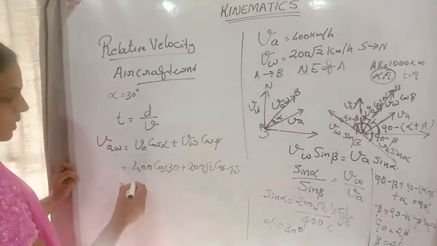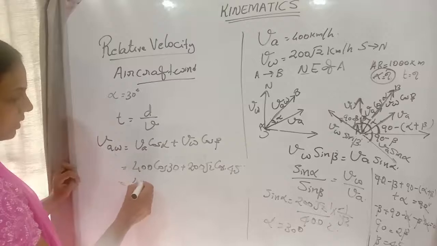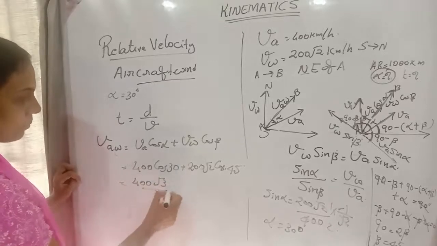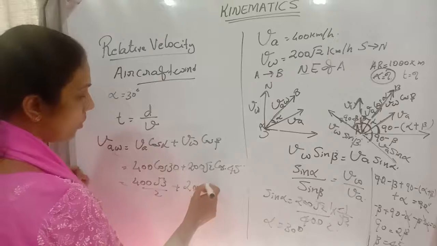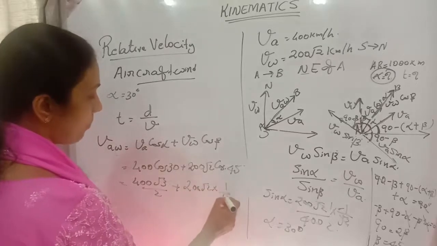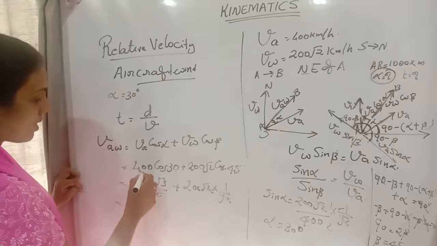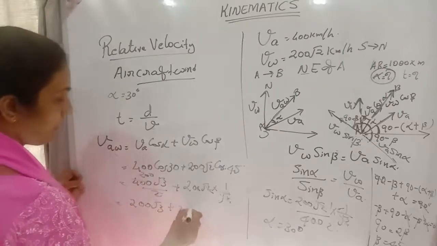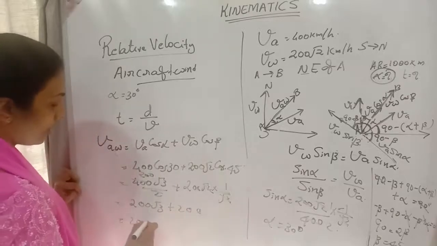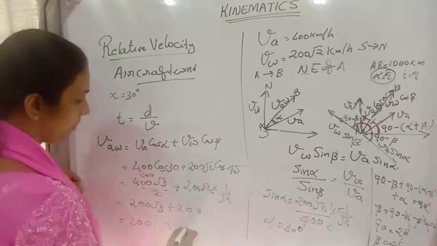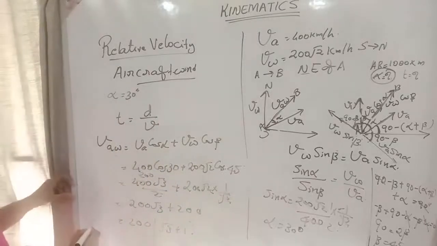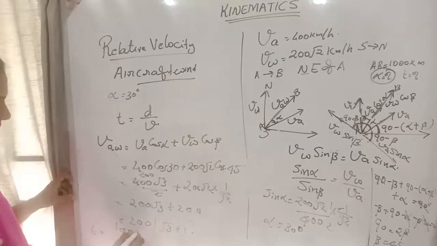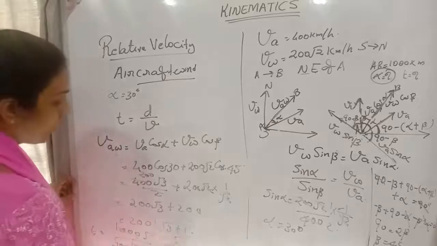Cos 30 we got as root 3 by 2, therefore 400 root 3 by 2 plus 200 root 2 into 1 by root 2. Here we will get 200 root 3 plus 200. Therefore 200 into root 3 plus 1. Next, time will be equal to 1000 divided by 200 into root 3 plus 1. So here it is 5 by root 3 plus 1.